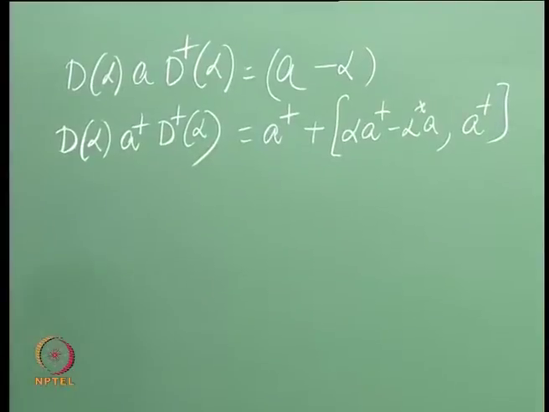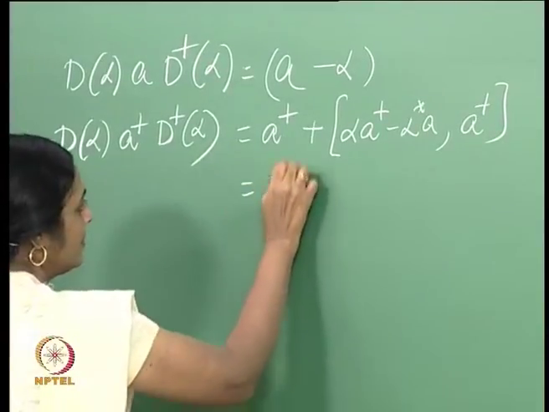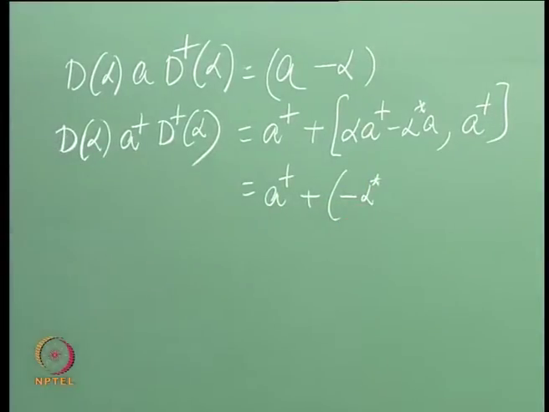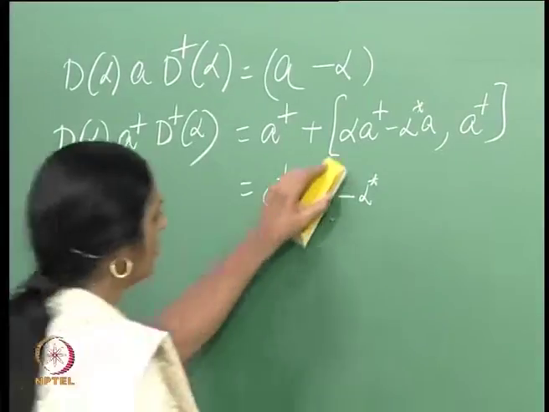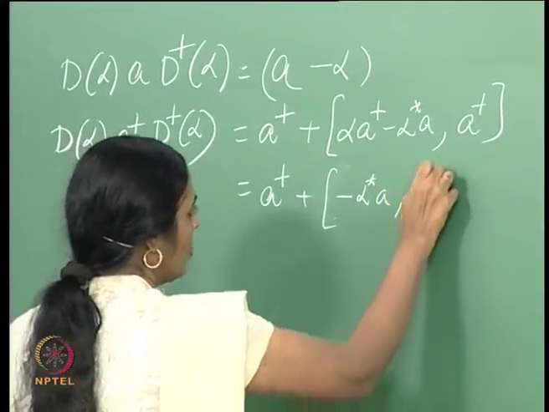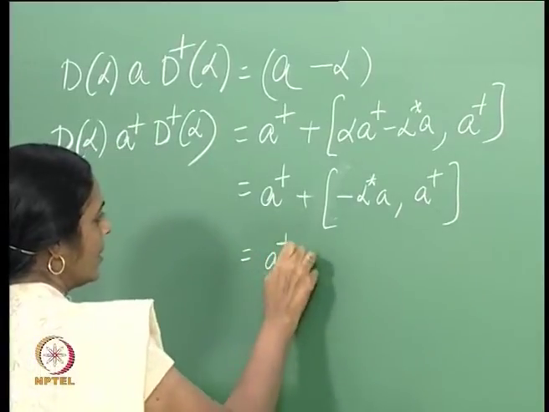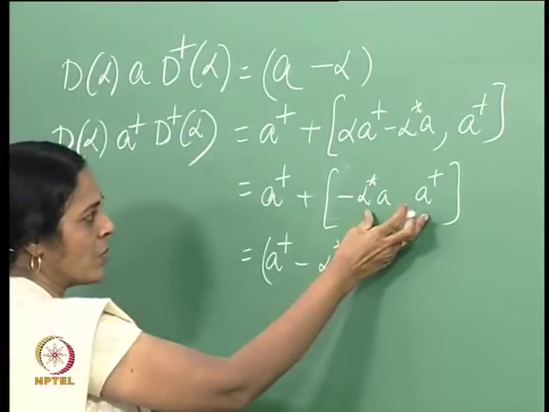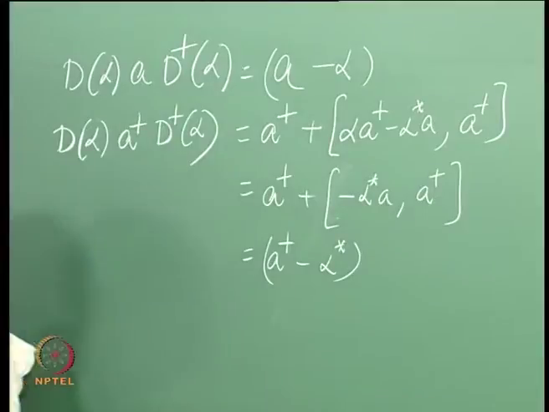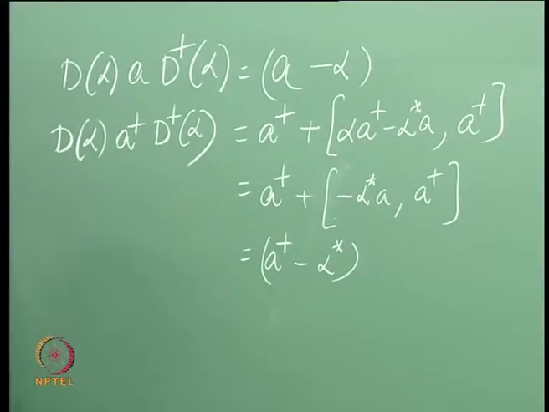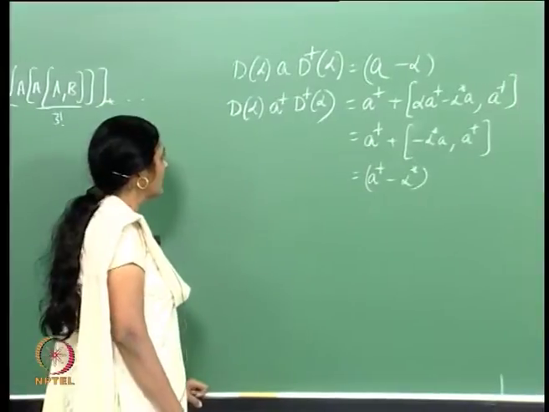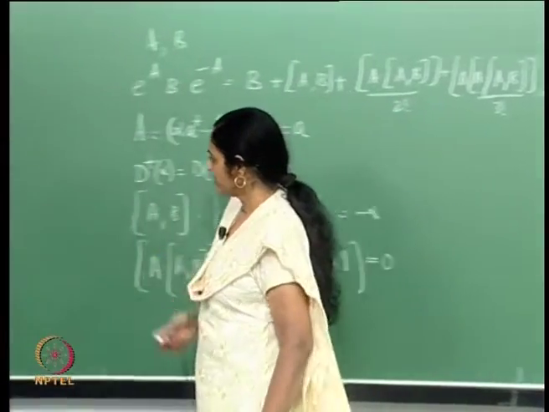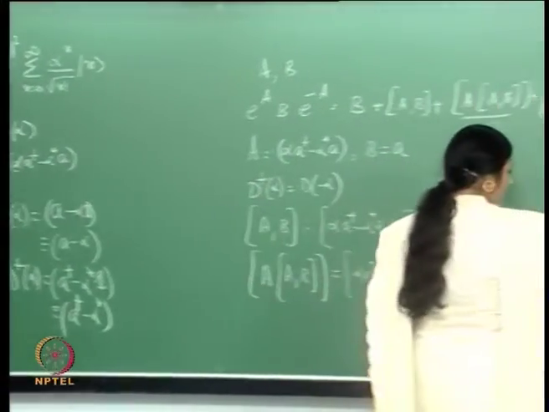All other commutators are 0, leaving minus alpha star times the commutator of a with a dagger, and that is a dagger minus alpha star. Since this is just minus alpha star times identity, all other higher commutators here would vanish, and therefore I have D of alpha a dagger D dagger of alpha is a dagger minus alpha star. That is how I establish these identities. So now we have the following picture.